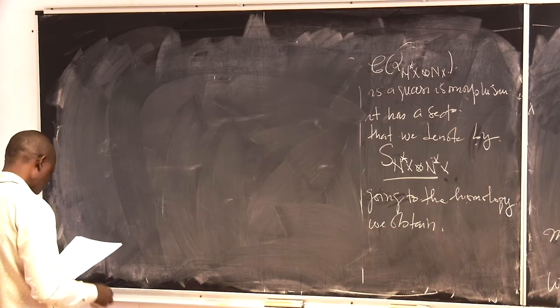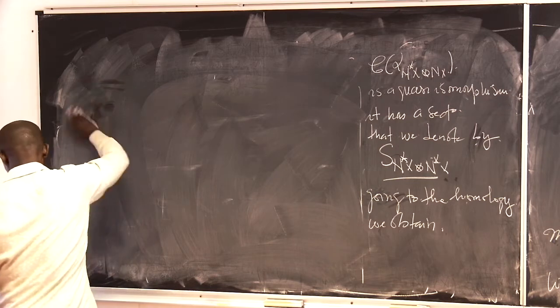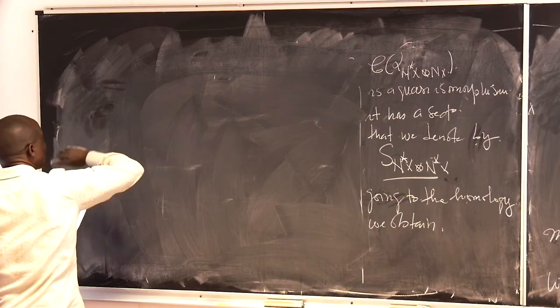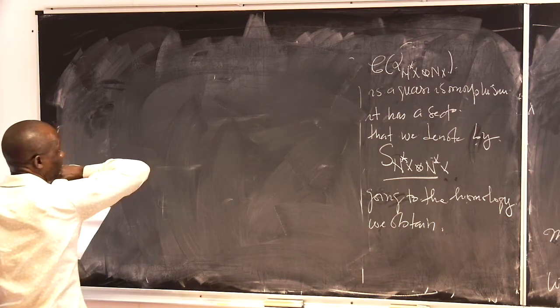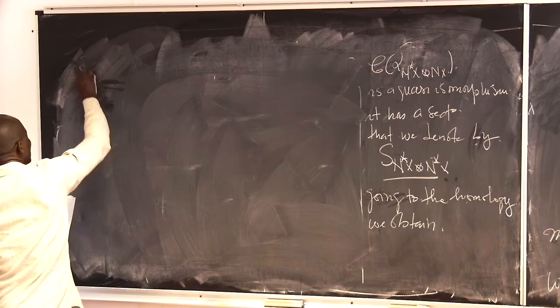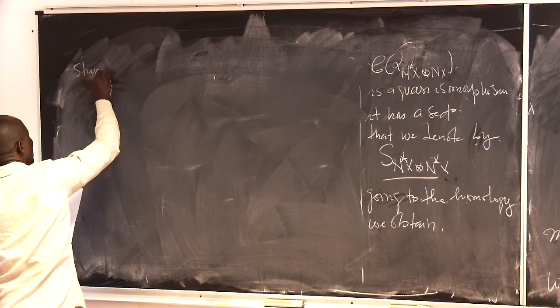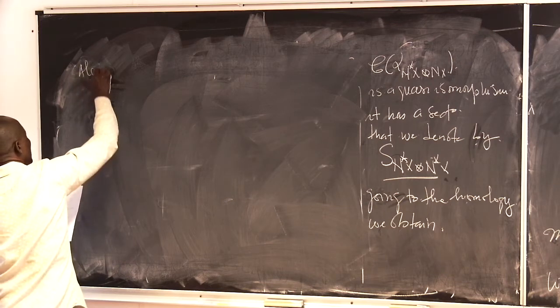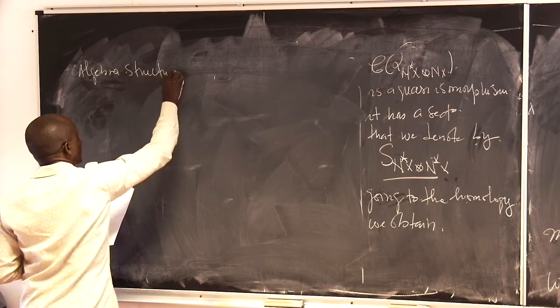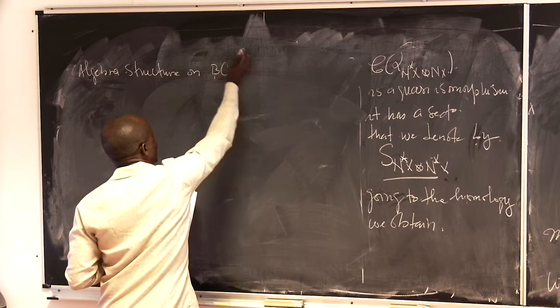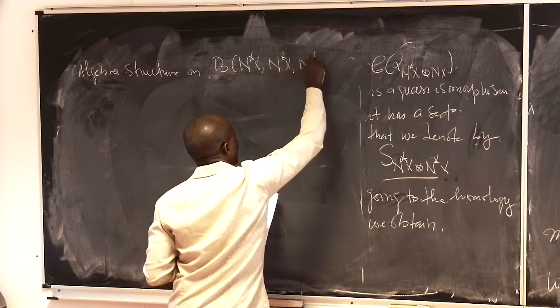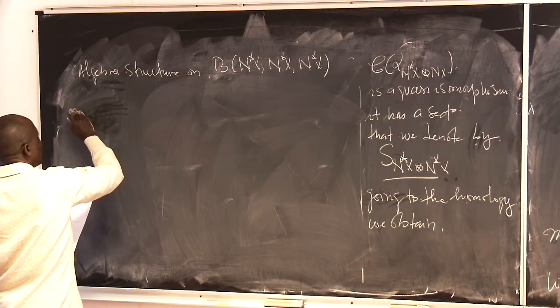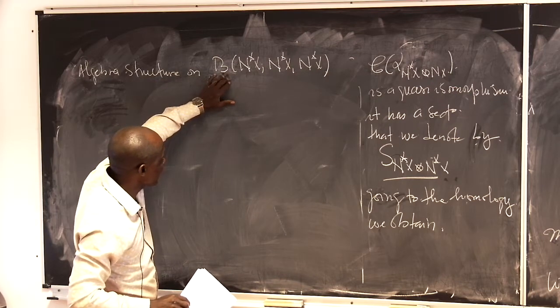So, to move to this objective, we will start by defining the structure of algebra on the bar construction of NX with double coefficient on NX, the algebra structure on B NX, NX, NX, where here our B is the bar construction that I defined yesterday.